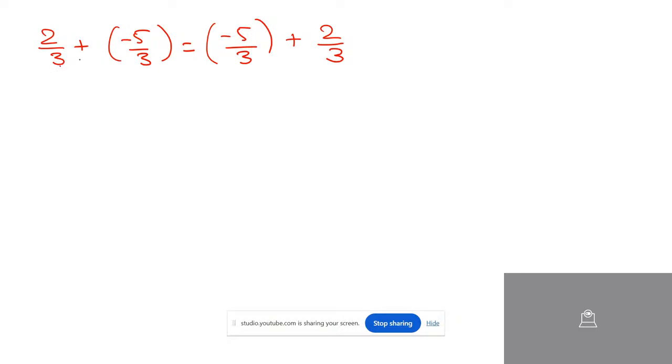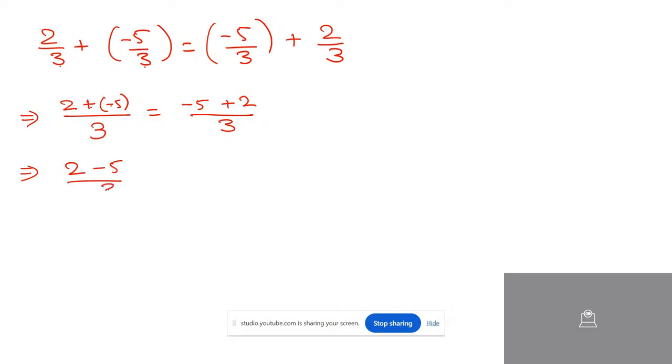What is the denominator here? 3. So is it like fraction? When you have like fractions, you can directly add the numerators. So 2 plus minus 5 divided by 3, and on the right hand side we have minus 5 plus 2 by 3.